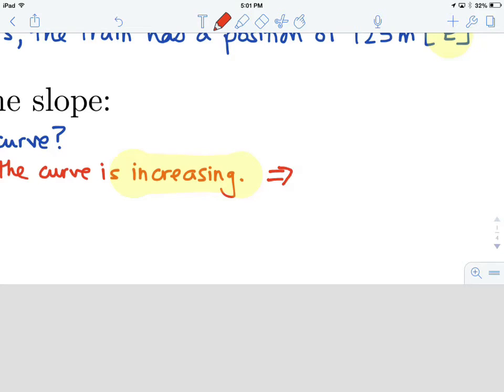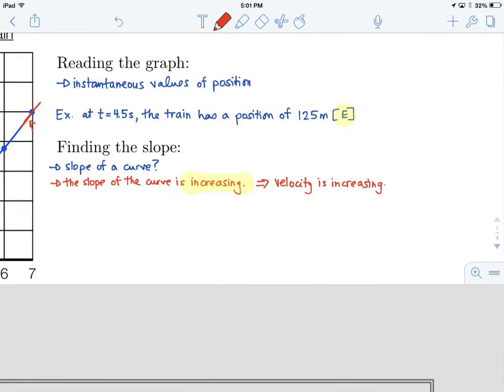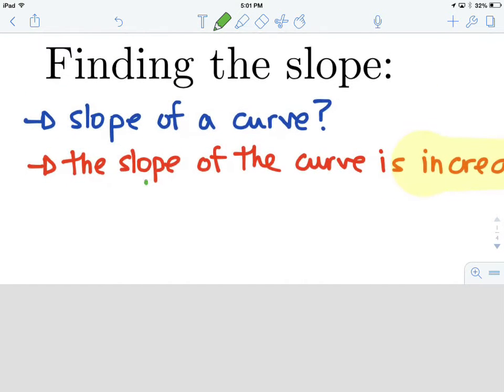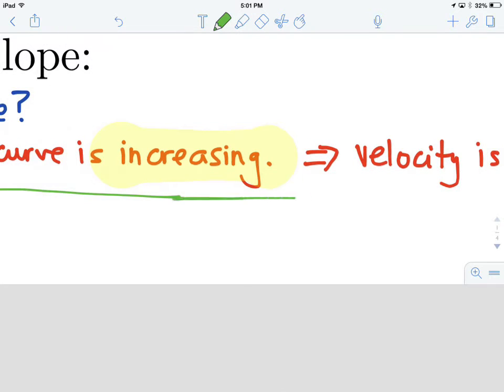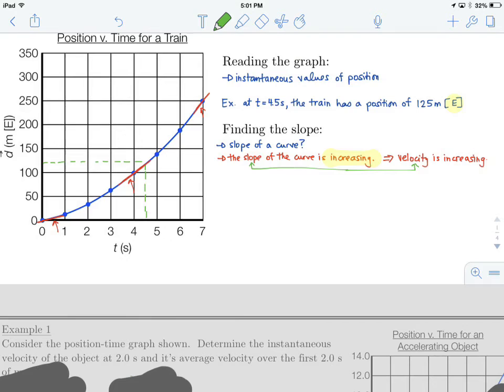This tells us that the velocity is increasing. Okay, and the reason that we know this is because, like we learned yesterday, one of our essential learnings, slope and velocity when it comes to position time graphs are the same thing. Okay, so one means the other.